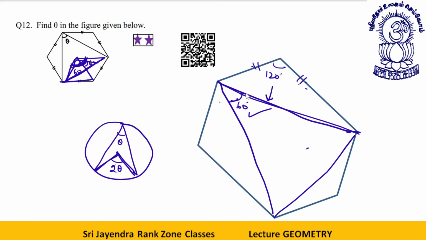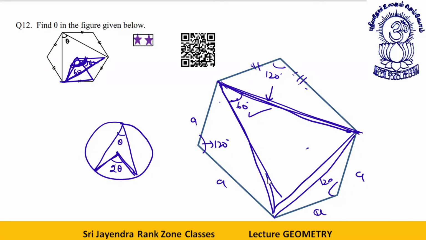What I mean to say is this diagonal is in front of the 120 degree angle between two sides A and A. So automatically this will be A as well. All these three sides are equal. This will be an equilateral triangle. So this angle is equal to 60 degree.